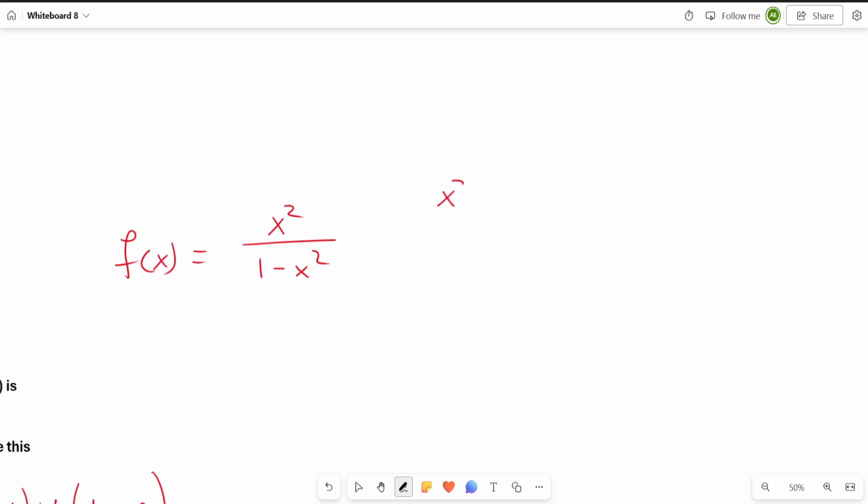This is going to be x squared over x squared in the numerator, over 1 over x squared minus x squared over x squared. x squared divided by x squared is 1, and 1 over x squared stays as 1 over x squared, minus x squared over x squared is also 1.